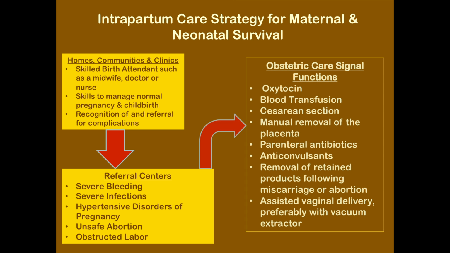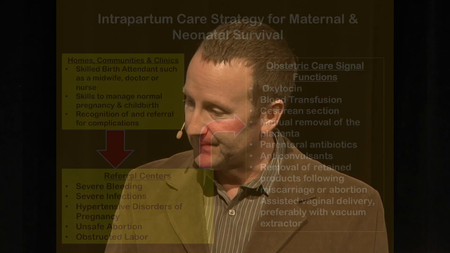These referral centers must be able to deliver these obstetric care signal functions: uterotonics such as oxytocin, the ability to provide blood transfusion for severe hemorrhage, surgical delivery or cesarean section for obstructed labor, postpartum hemorrhage, and on down the list. We simply cannot do without these services, and they must be available at the time they are needed in that 1 to 2 days around the intrapartum period.